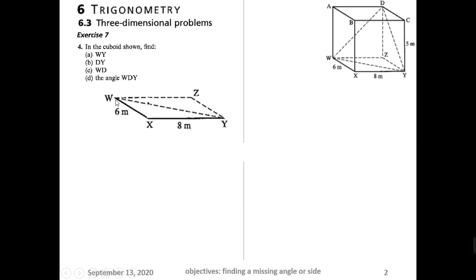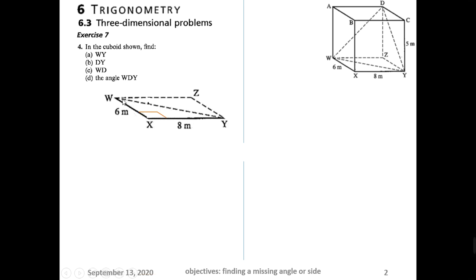W and Y are the opposite points, and the diagonal connects these two opposite points together. Okay, so this is a rectangle. So this one here, WYX or WXY, is a right angle triangle.